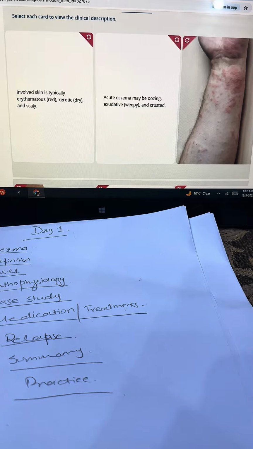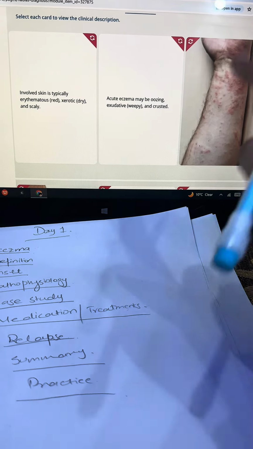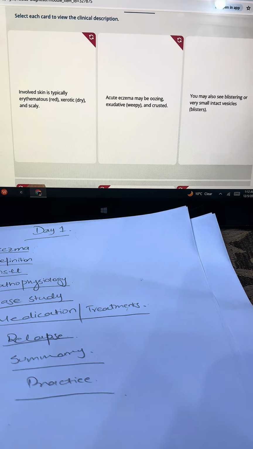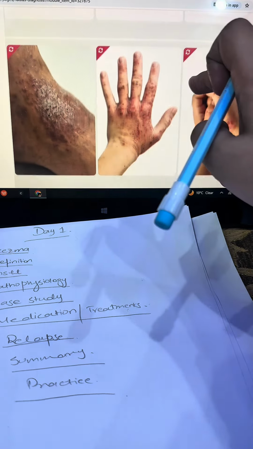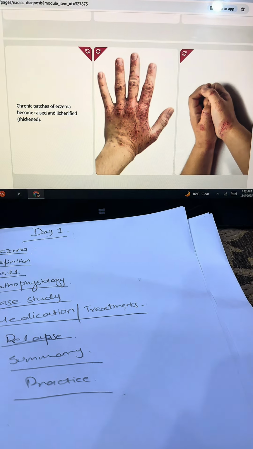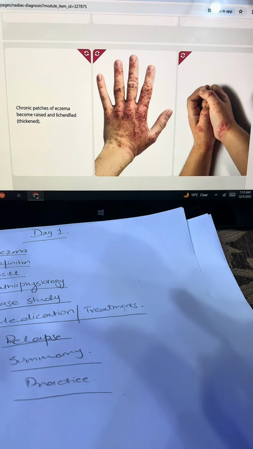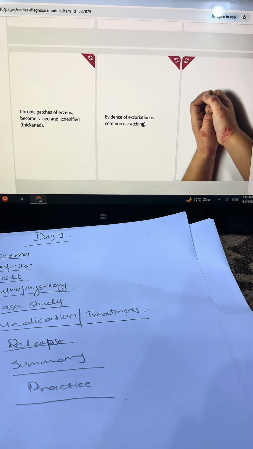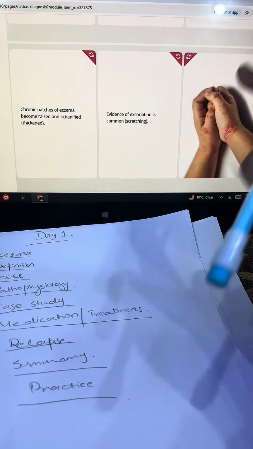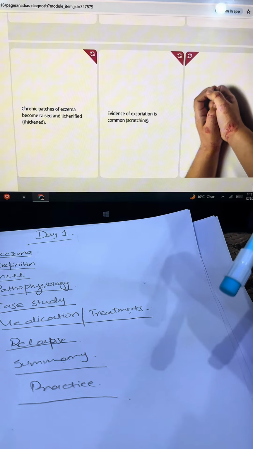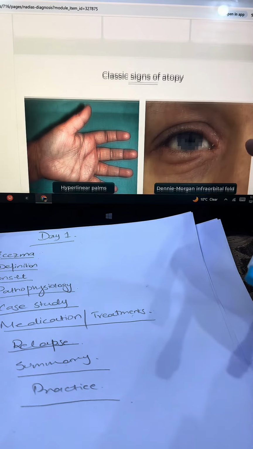Acute eczema may be oozing, exudative, weepy, and crusted. You may also see blisters and small intact vesicles. Chronic patches of eczema become raised and lichenified, with thickened skin and evidence of more severe scratching and itching. And the last one is that the skin may be cracked.